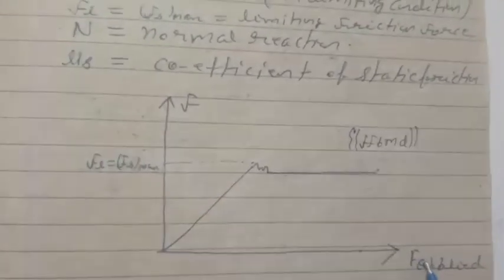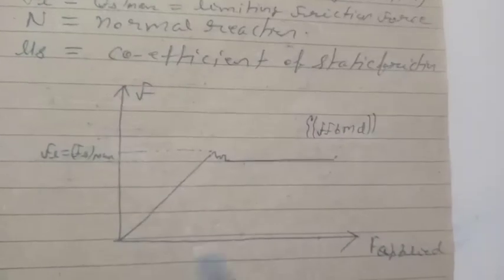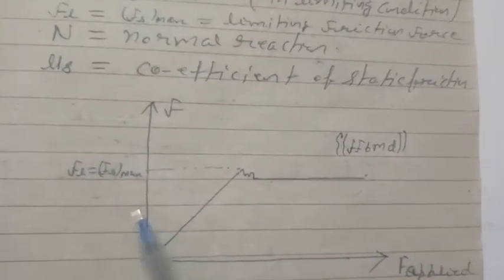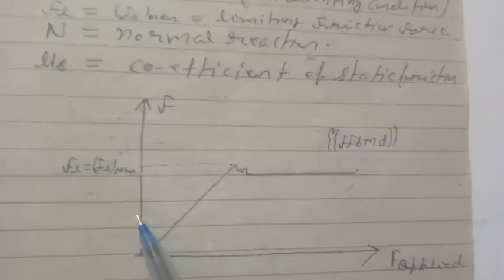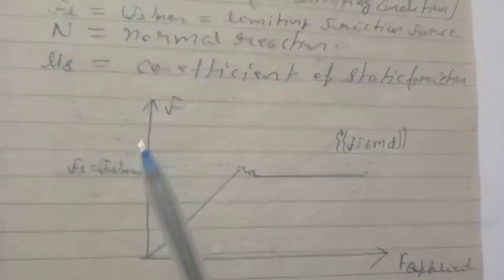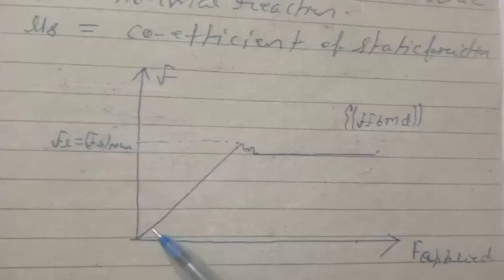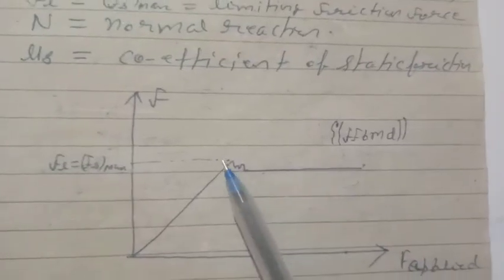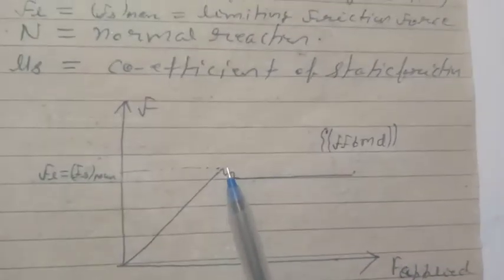It is shown by the graph. For example, the applied force F is on this axis, and the frictional force arising between the surfaces of the body is on this axis. As we increase the force, the force of friction also increases, until a time comes when the force of friction becomes maximum.